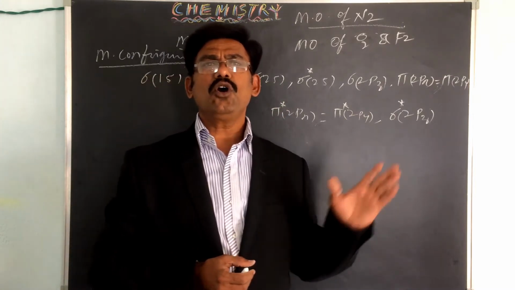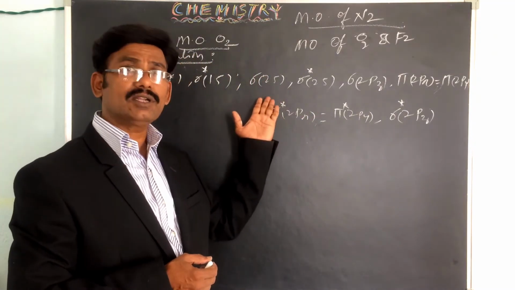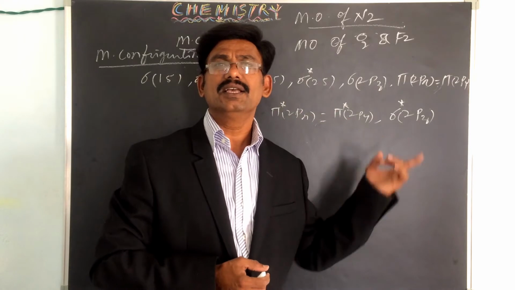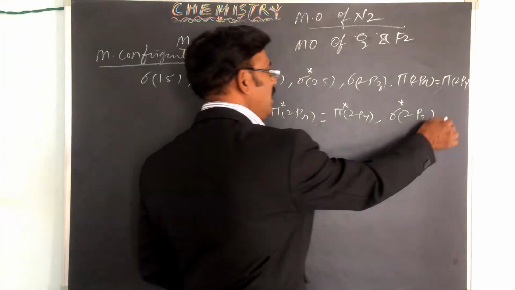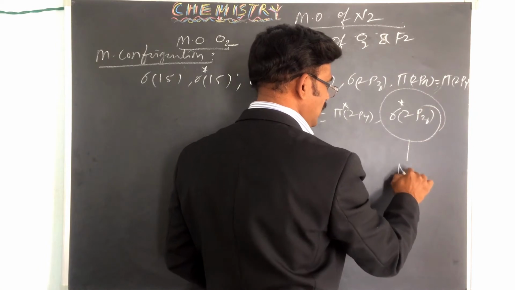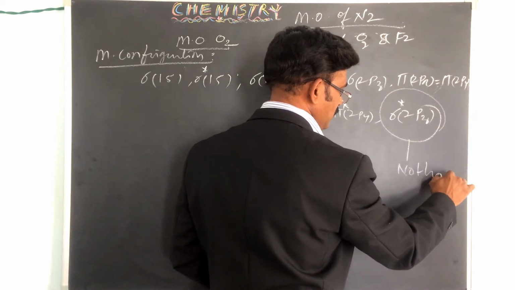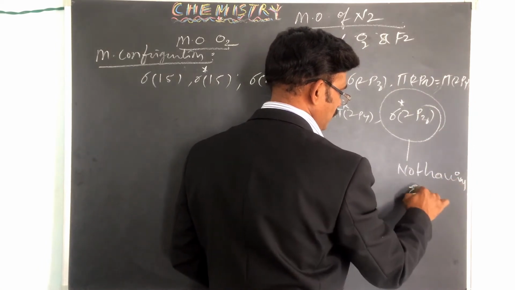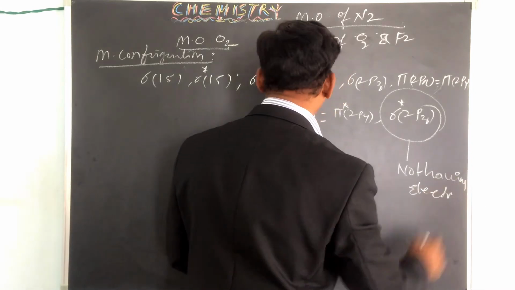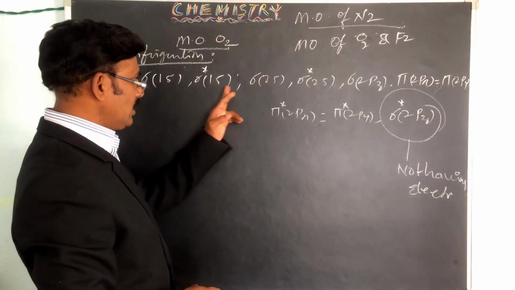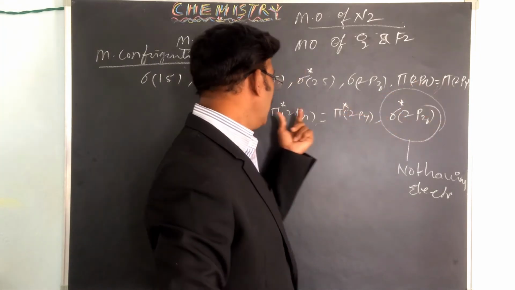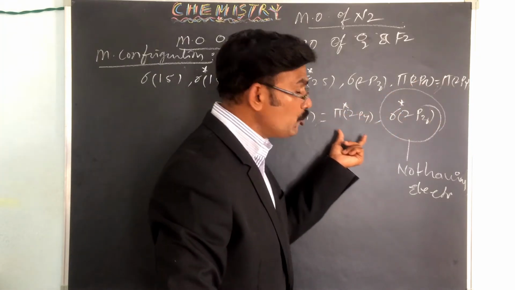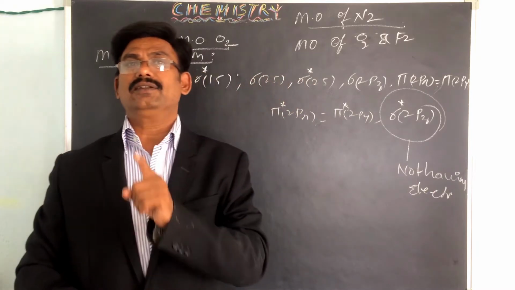In this, which orbital has electrons and which does not? Only the sigma star 2pz does not have electrons. All the others, sigma 1s, sigma star 1s, sigma 2s, sigma star 2s, sigma 2pz, pi 2px, pi 2py, pi star 2px and pi star 2py, have electrons.